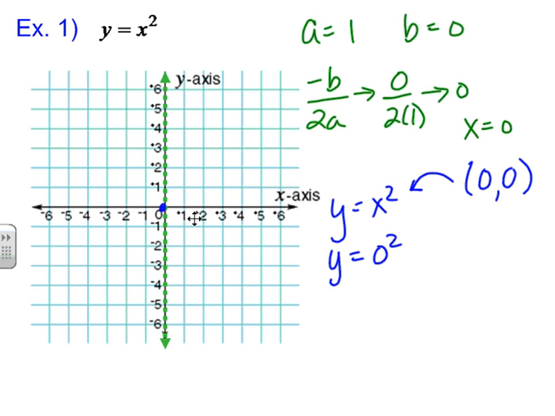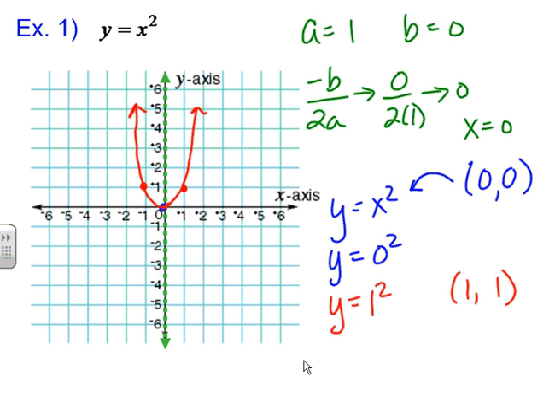Now we need another point, so let's try 1. Plugging in 1, we get y equals 1 squared. 1 times 1 is 1, so we're at (1, 1). We mirror this point to the other side based on the axis of symmetry. If it's 1 away here, it's going to be 1 away over here. Then we can draw our parabola, making sure we're drawing a U shape. And that's the basics of what we're doing.